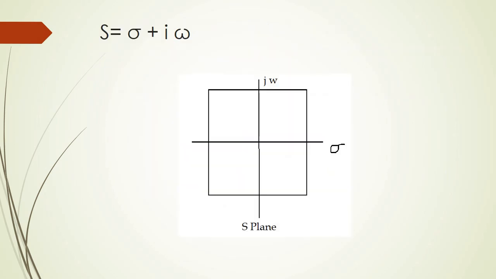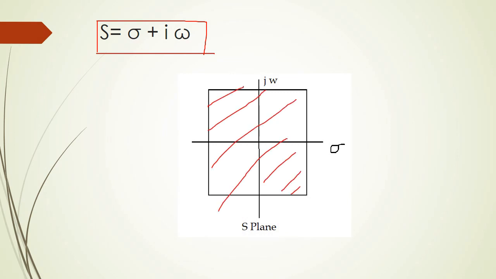As I have shown you this S plane, this entire region is the S plane, whose x-axis is limited from minus infinity to positive infinity, and along the y-axis also from positive infinity to negative infinity.